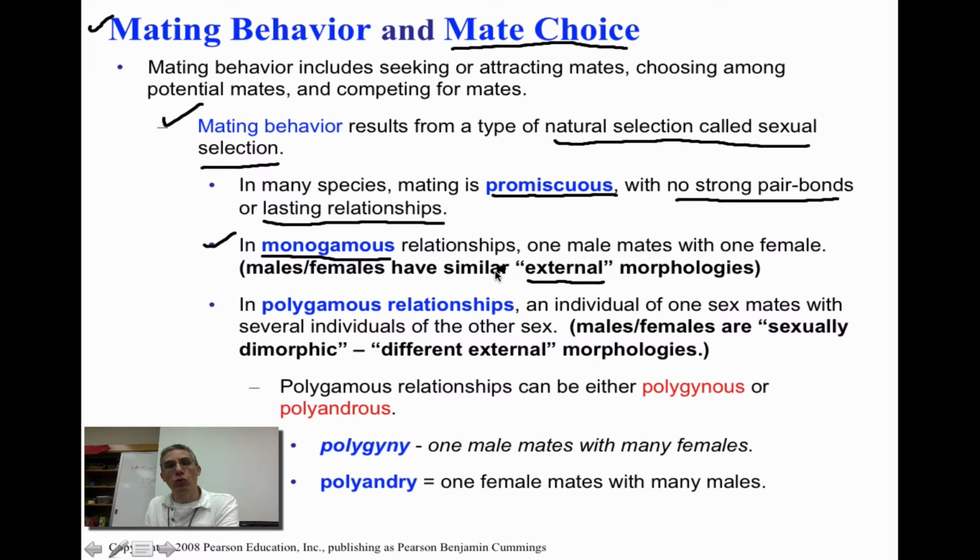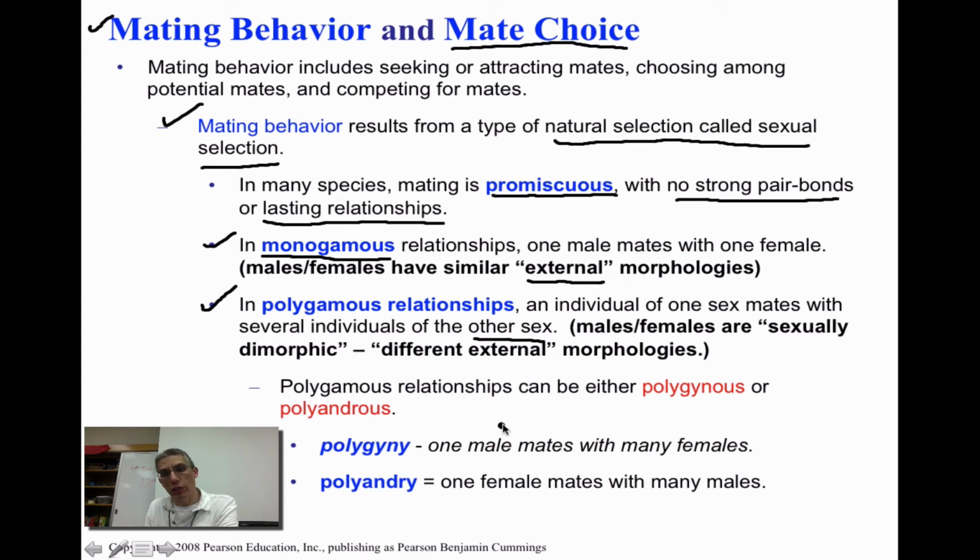In other words, you really can't tell the difference between the males and the females. A polygamous relationship is a little bit different because an individual of one sex mates with several individuals of the other sex. In this case, the males and females are sexually dimorphic, which simply means you can easily tell the difference between the males and the females.